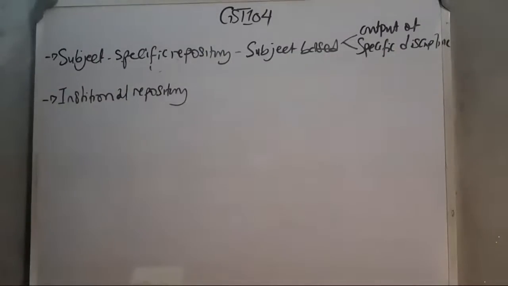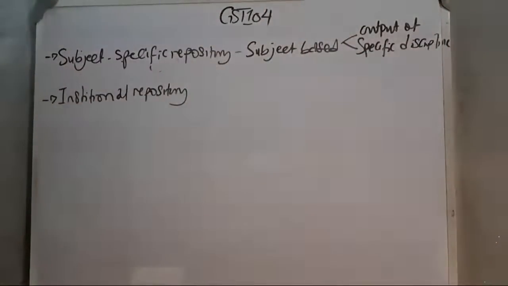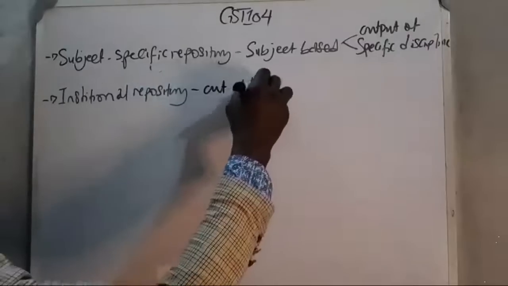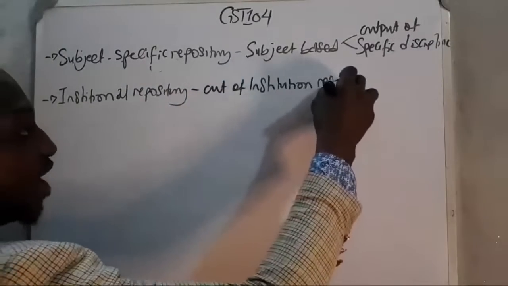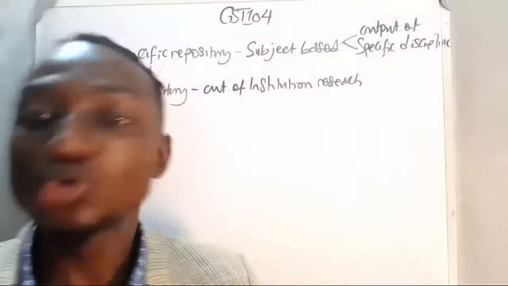But the institutional one contains research output of the institution, as a university makes it available. This is also output of institutional research, and it is the responsibility of the institution to make it available to the public.